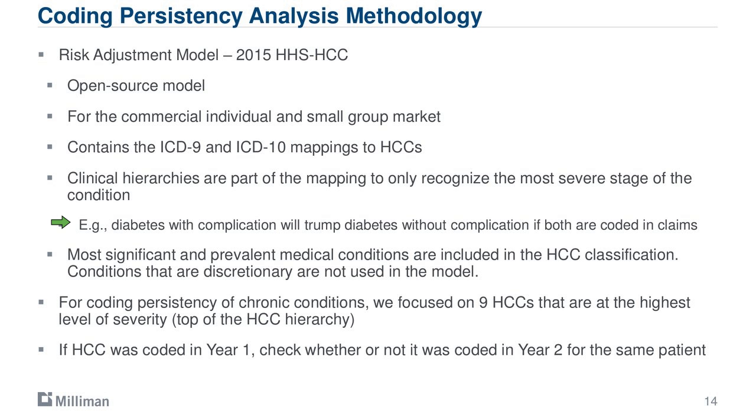We also looked at the most significant and prevalent conditions in the system. Most significant means it has the highest risk weight, and most prevalent means a lot of people have those conditions. The idea is that if a chronic condition was coded in the first year, we want to know, yes or no, whether it continued to be present in the second year. So what do we see here?